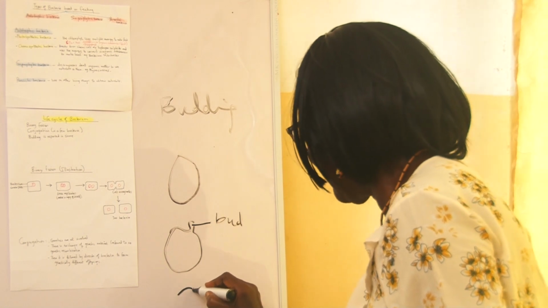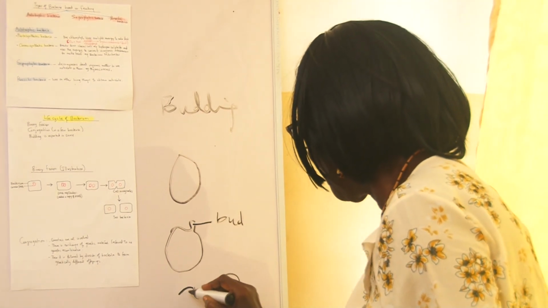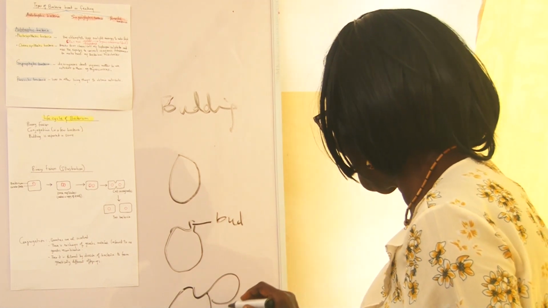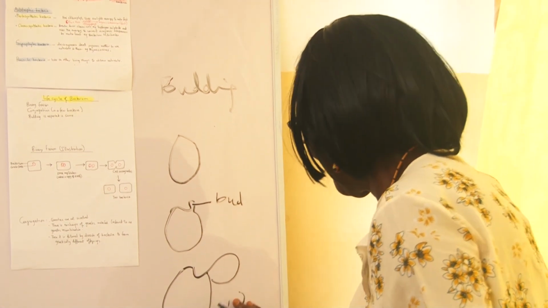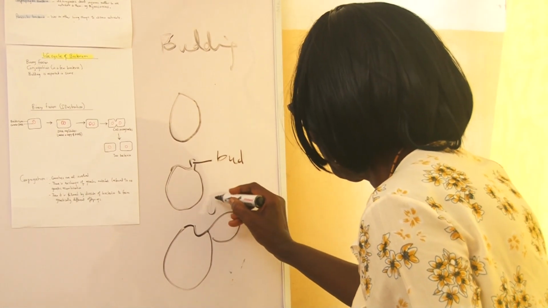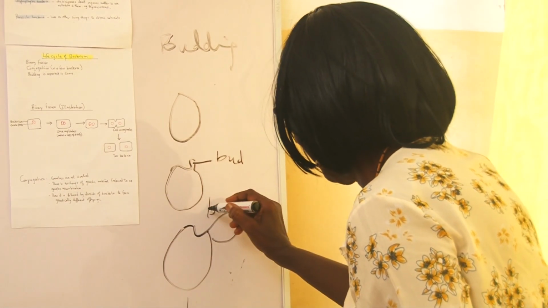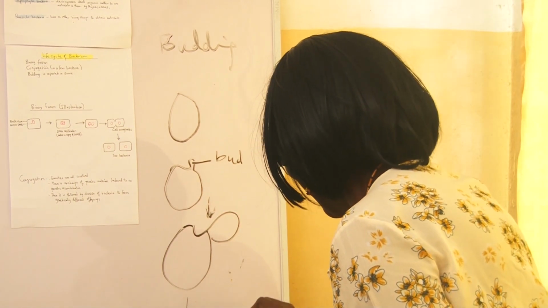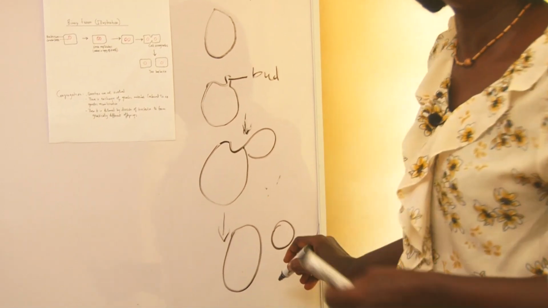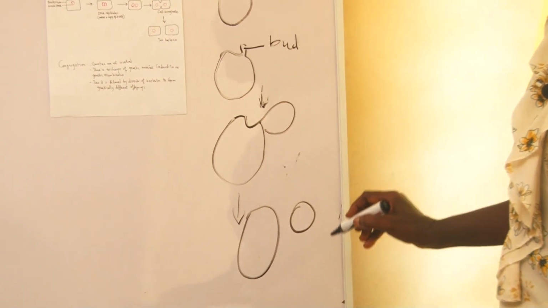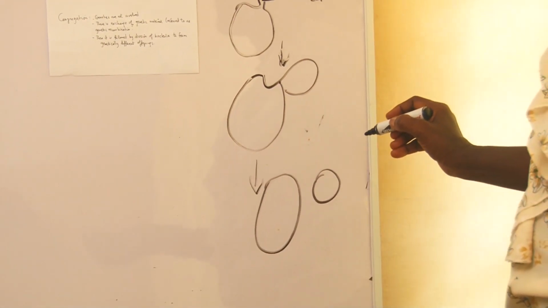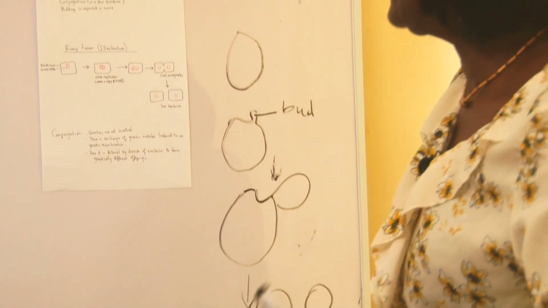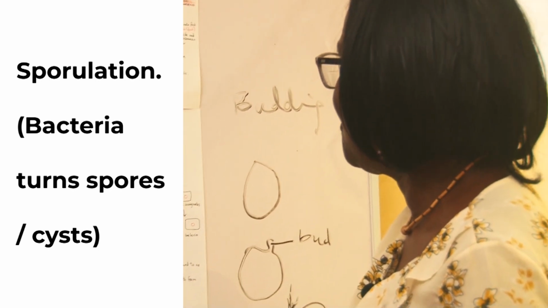This part that is producing grows very big, and finally it breaks off. Finally, this is the individual and its bud. Its bud breaks off and grows to become a big individual. This is simply budding.